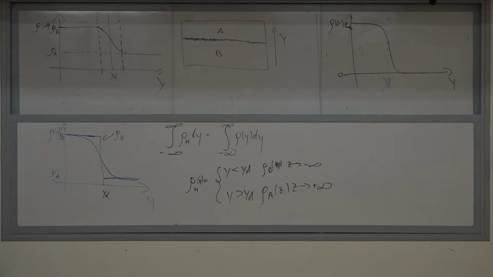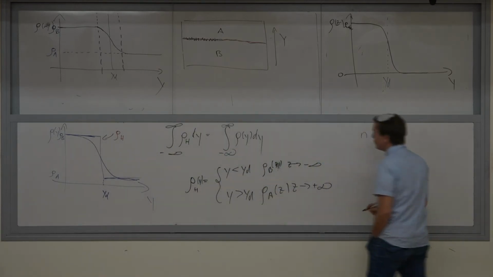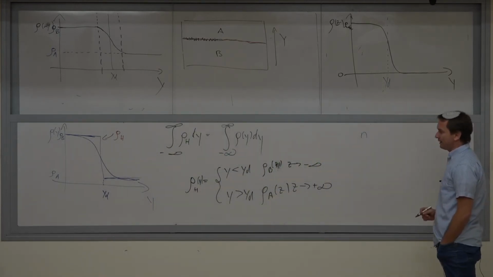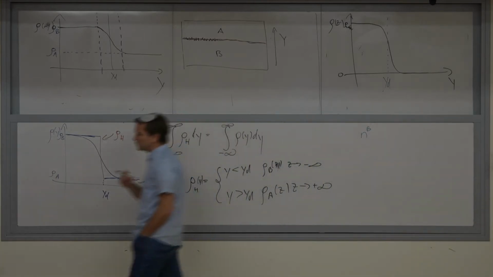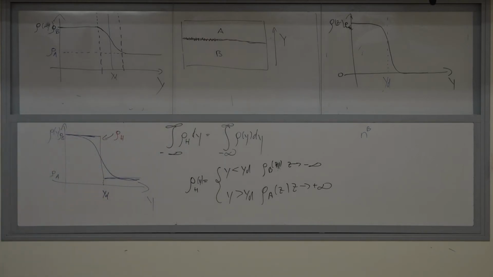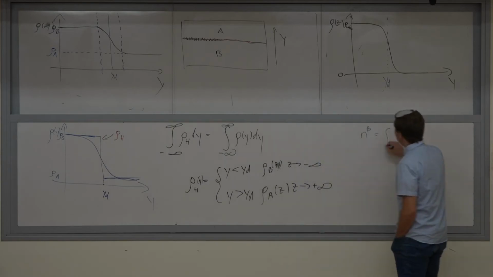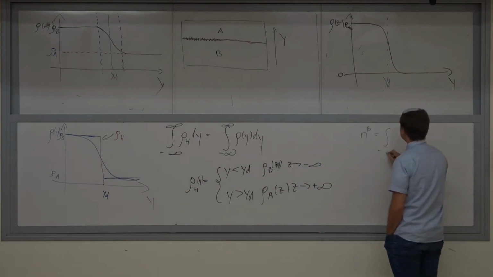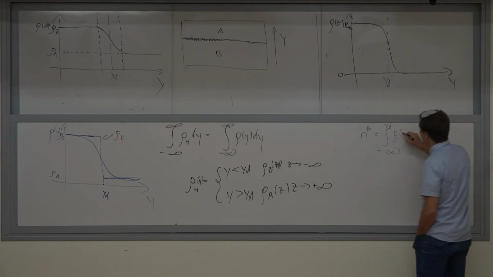Alright, so what do we know? We know the following. The number of particles in phase B equals an integral from minus infinity to yd of rho hypothetical of y dy.